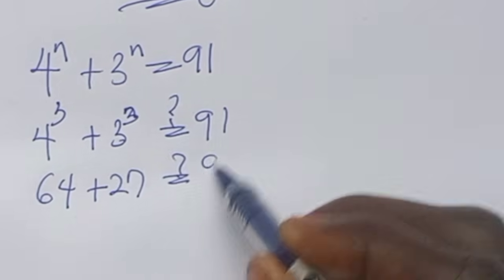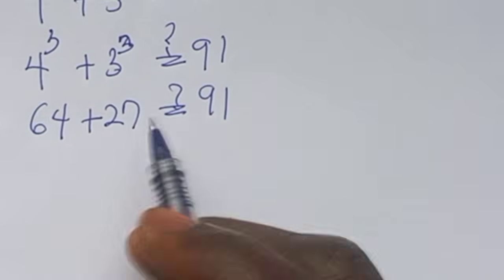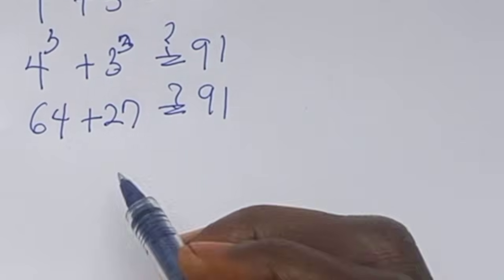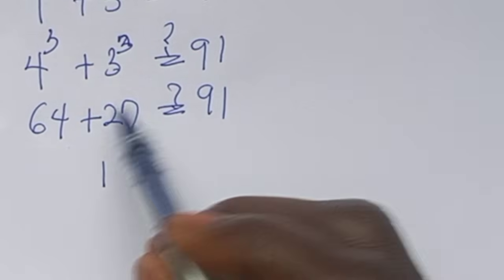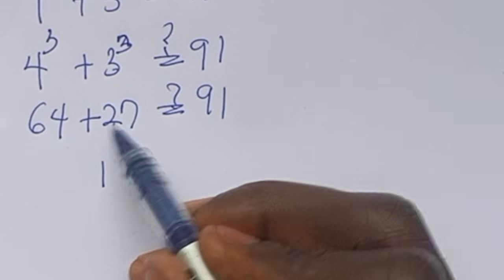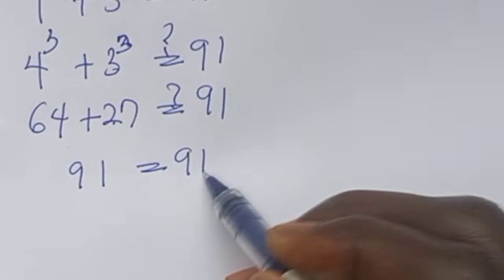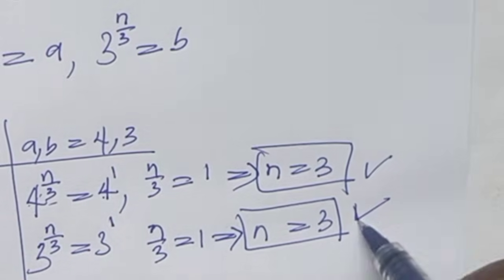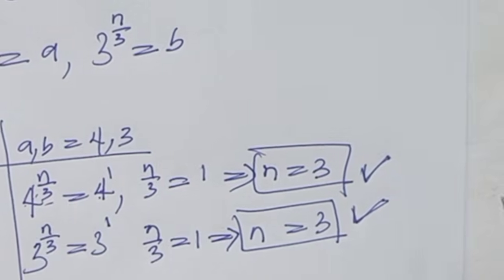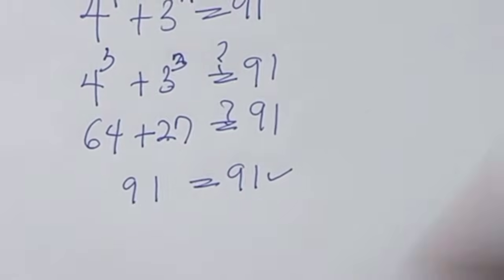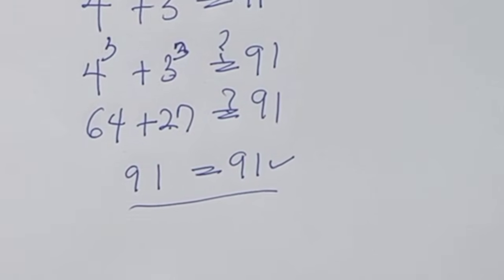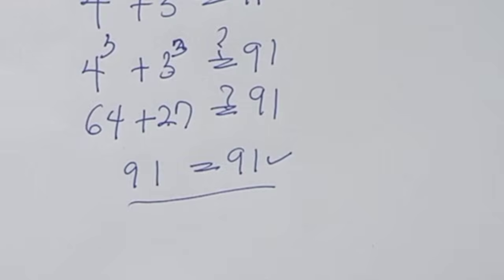Can this be equal to 91? 7 plus 4, that is 11. Write down 1, carry 1. That 1 plus 2 is 3. 3 plus 6, that is 9. And definitely it is equal to 91. That shows that the value of n equal to 3 is true, because it satisfies the equation. The right hand side is obviously equal to the left hand side.